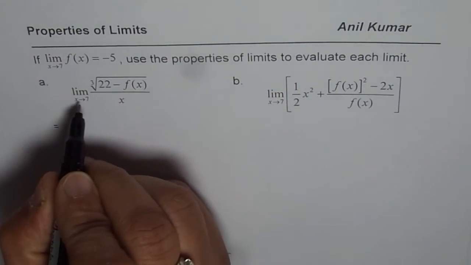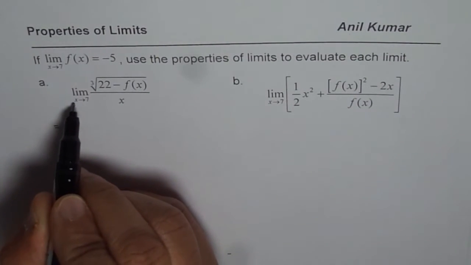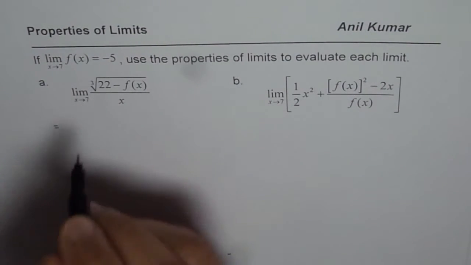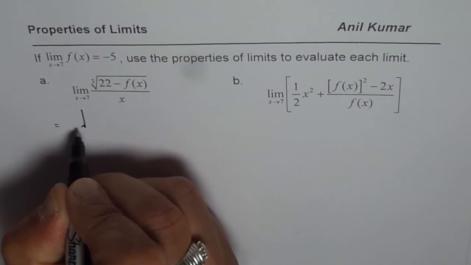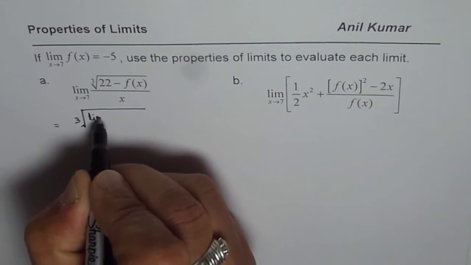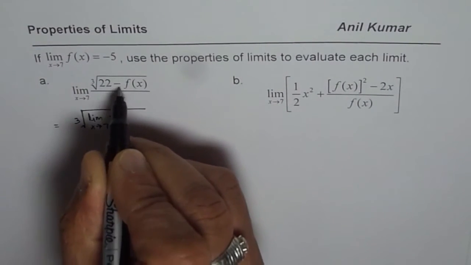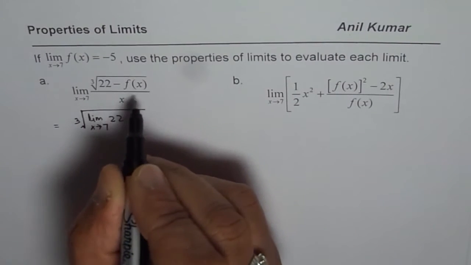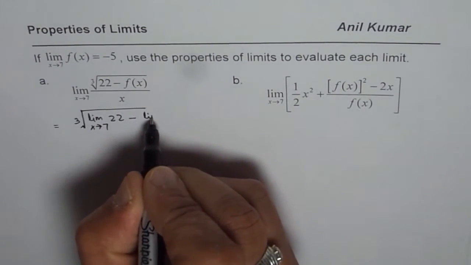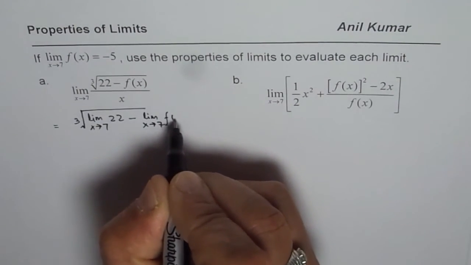So we can write limit for this particular function when x approaches 7. We could write this as, within cube root, limit x approaches 7 for 22, right? Minus, this is difference of limit, right? Limit x approaches 7 for f of x, right?